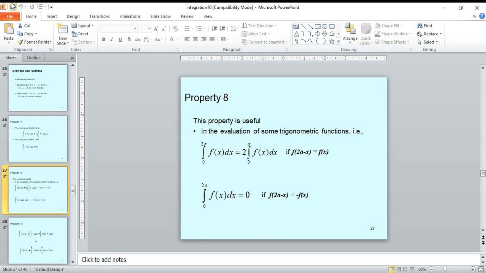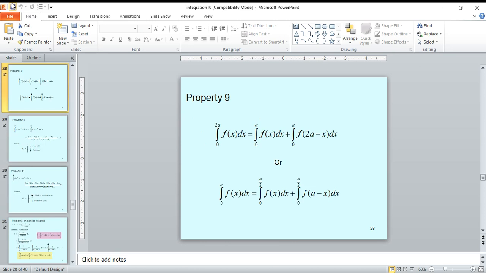This is very useful in trigonometric functions.